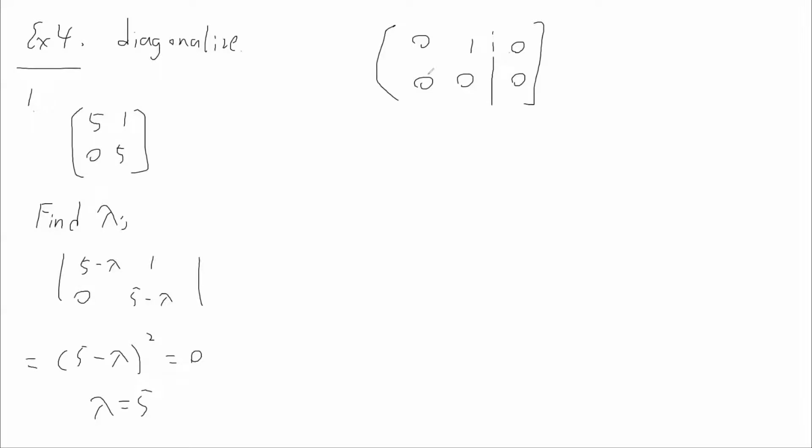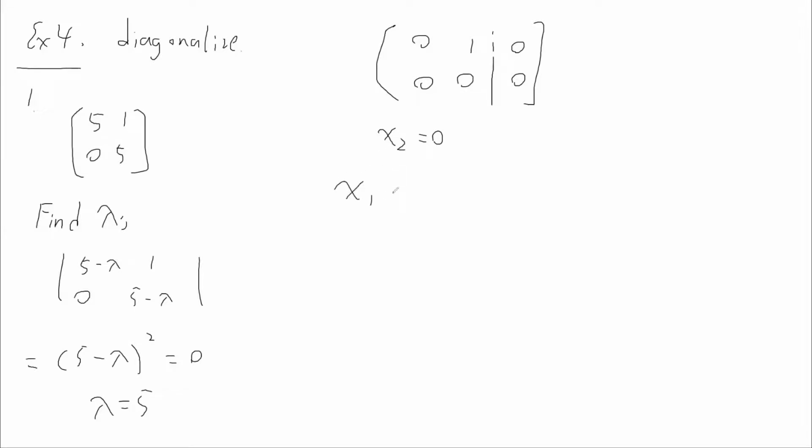All right, so we get this by plugging lambda equal to 5 into here. Now we get this little matrix here, but here what we get is that x2 is equal to 0, right, from here. So x2 has to be 0, x1 is a free variable.